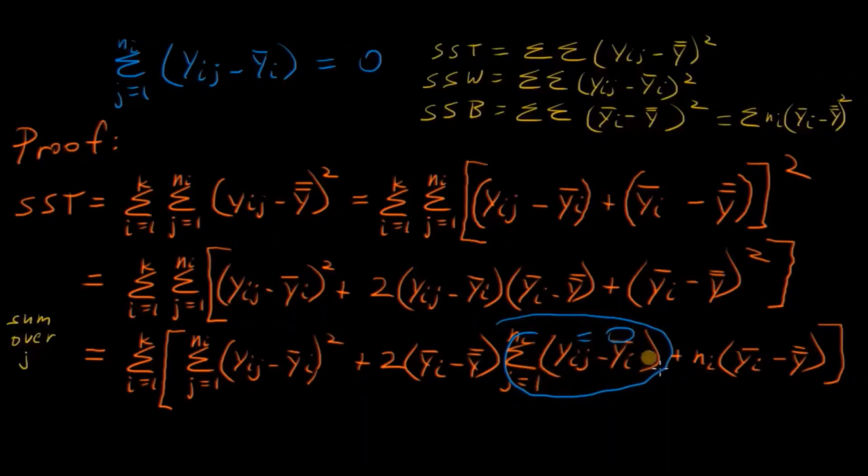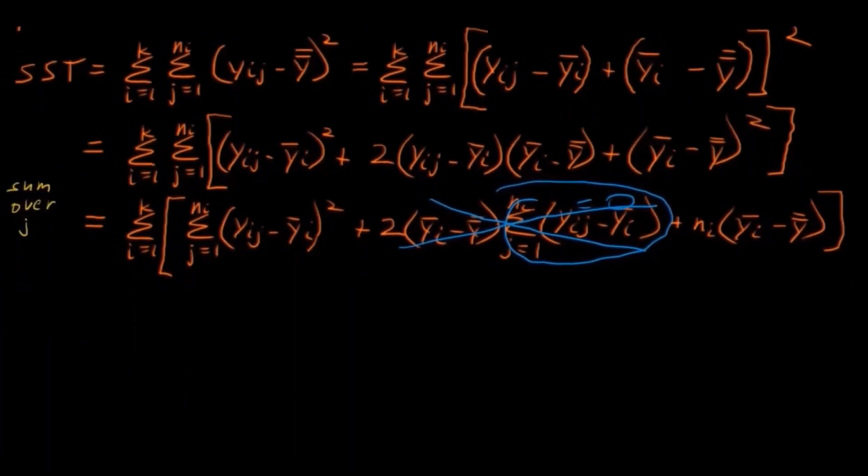And if this is 0 and this is a constant with regard to this summation, then this constant is going to get wiped out by this 0, and this entire thing goes away. So now we're going to move down a little more, and now we sum over i.